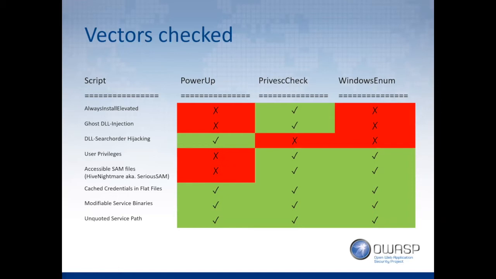So for instance, if there are, let's say, clear text credentials stored in files on the file system, that's a very easy way of getting privileged access to a system, since you'll just have clear text credentials that you can log in with. But as we'll see in the demo, not every script checks for that in the same way, and some output is more limited than the output of other scripts, more useful.